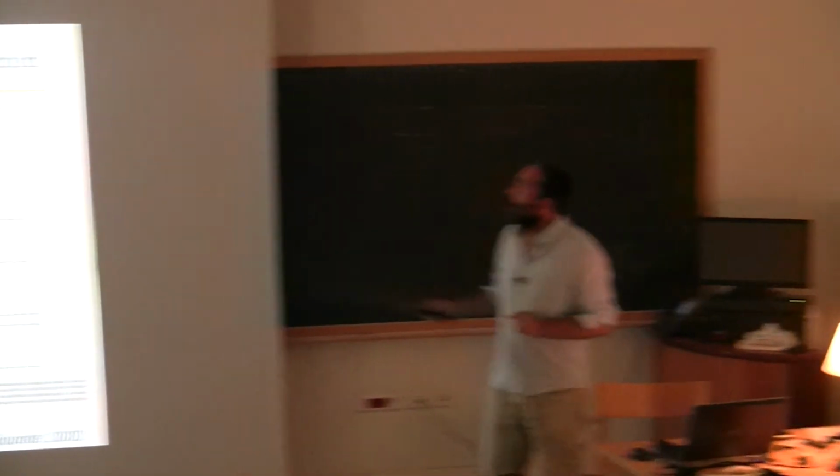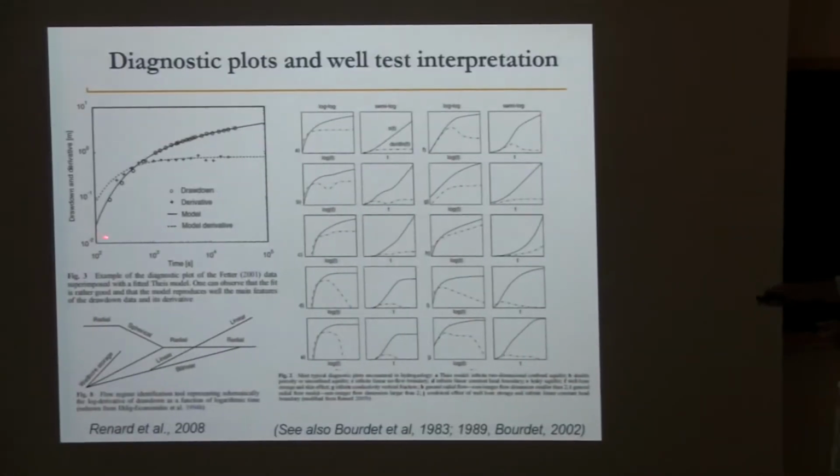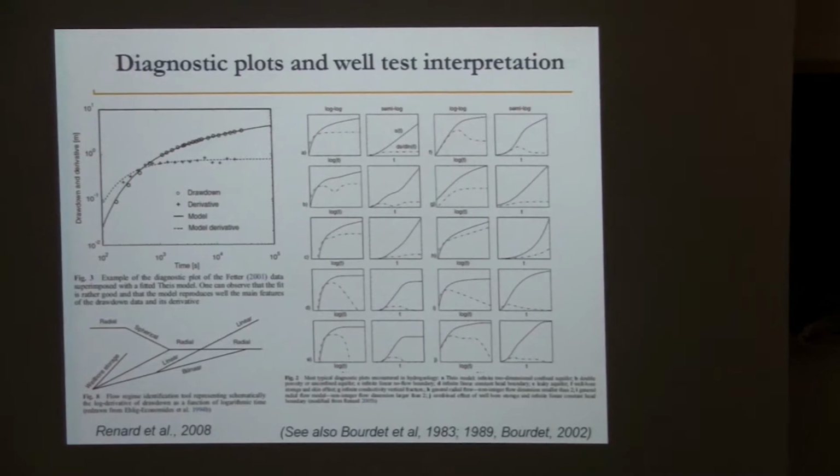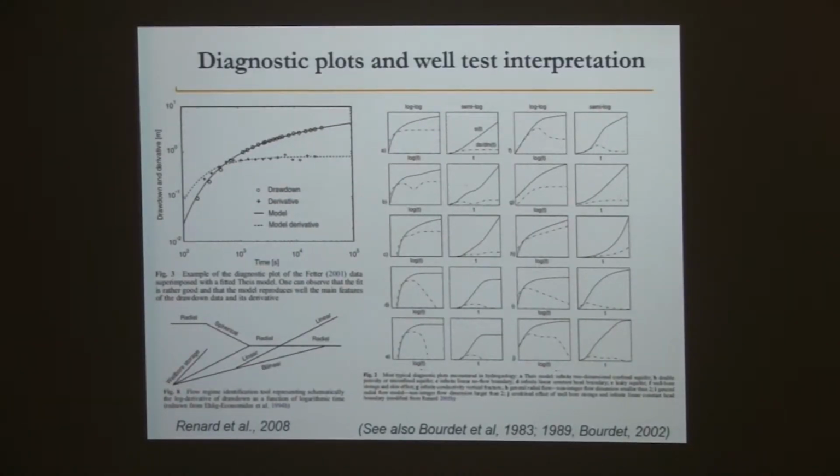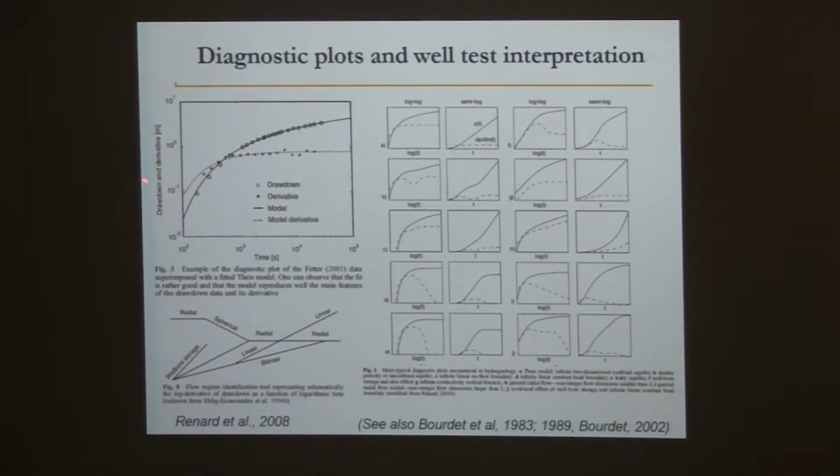This approach, which consists of working on the head variation but also the derivative of the head variation, helps very much to understand what the boundary condition could be and what type of medium you may have.